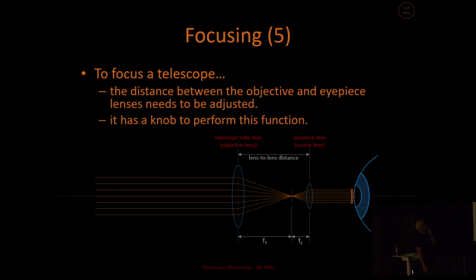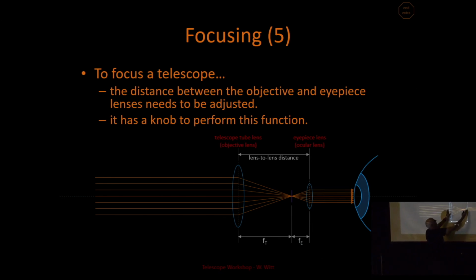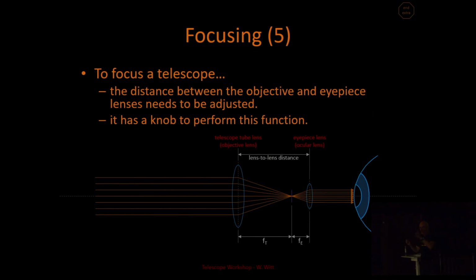To focus a telescope, the distance between the objective and eyepiece lenses needs to be adjusted. This is the same picture we had before. To first order, there has to be the right distance between the lenses such that these focal points sit on top of each other. There are some other factors that come into play, but to first order, that's it.